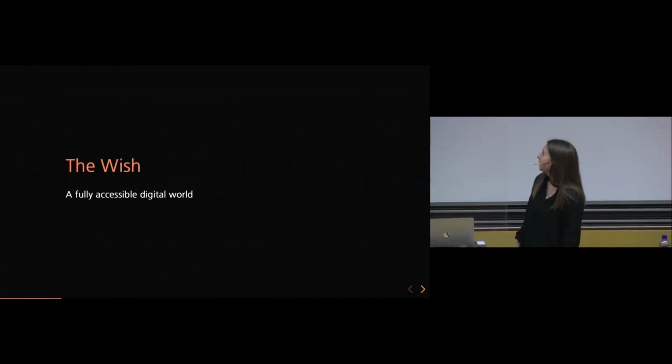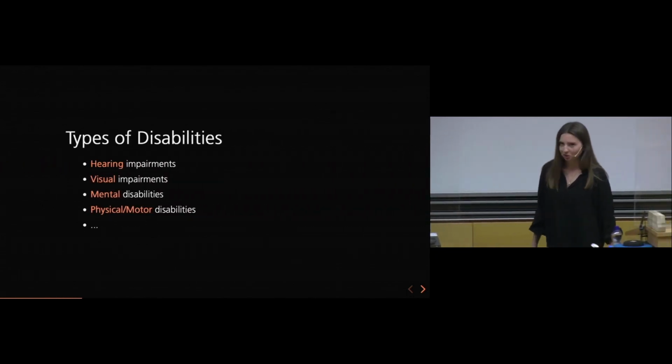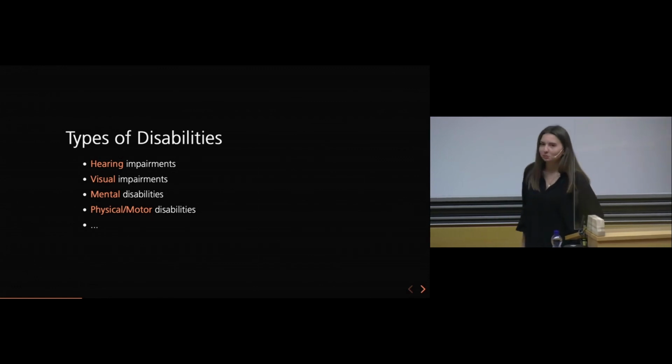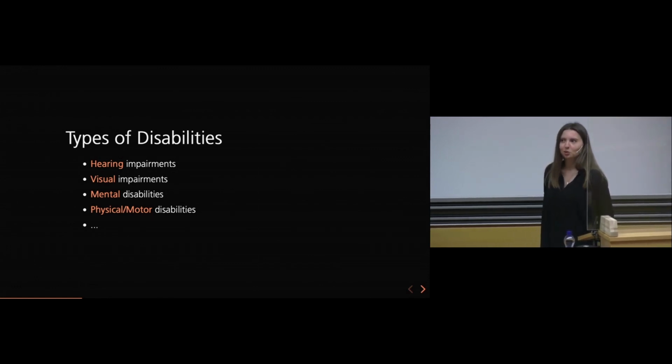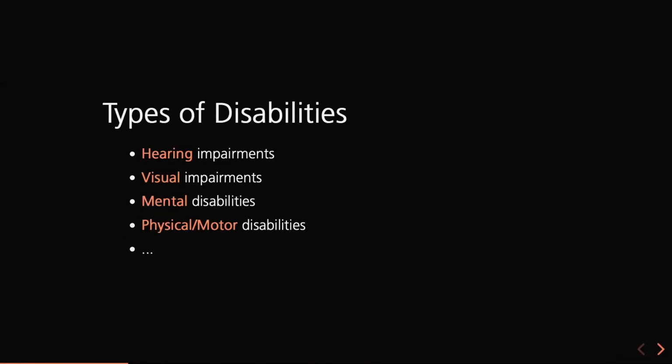So the wish, a fully accessible digital world. What does this mean? So first, I wanted to give you some examples of types of disabilities so that you get a feeling who would need everything in the digital world to be accessible. So this includes hearing impairments, for example, deaf people or just people that have difficulties to hear. And then visual impairments, this ranges from color blindness, maybe some of you are even colorblind, and then obviously to people like Werner who have complete blindness.